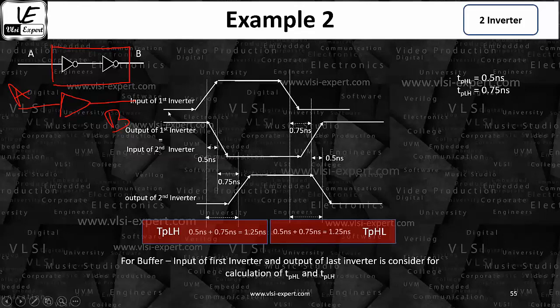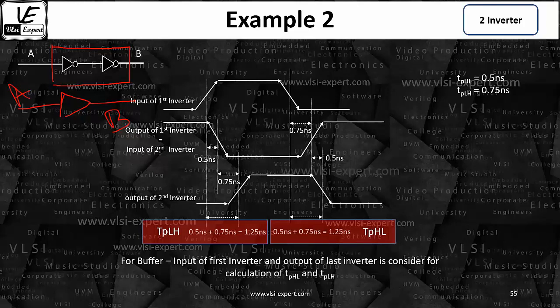That means the time taken by the signal from low to high and high to low is different. So if you give one input and get a certain output at B, that particular time gap is different compared to the other waveform.